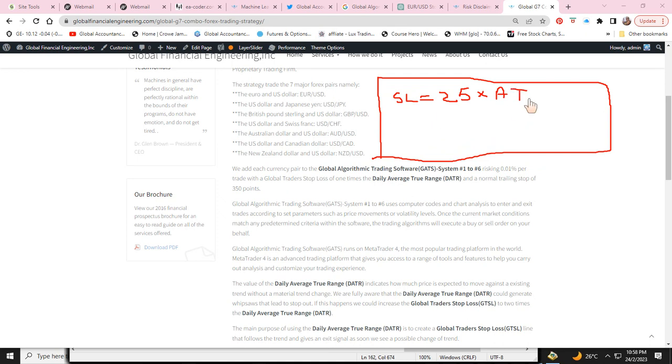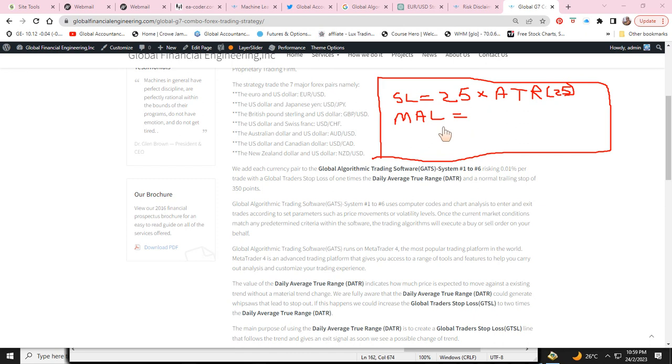So for example, on System 1 that runs on the 5 minutes, you'd put the average true range indicator on the 5 minutes and set it to period 25. Whatever the result is for the ATR 25, you multiply by 25, and that is what we call the maximum allowable loss, MAL, in terms of points.